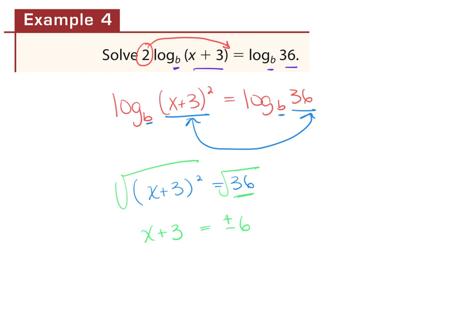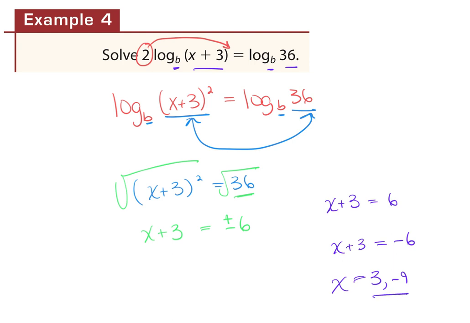Which means I need to set up 2 equations to solve this. X plus 3 equals positive 6. X plus 3 equals negative 6. All right, which means x is going to equal 6 minus 3 and negative 6 minus 3.